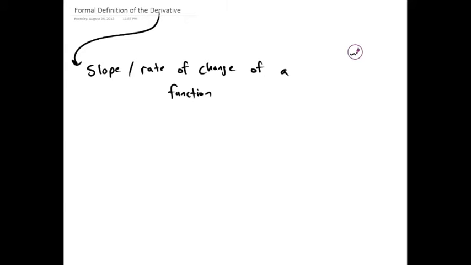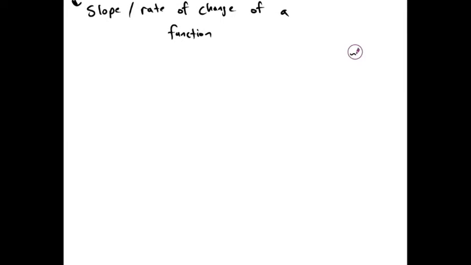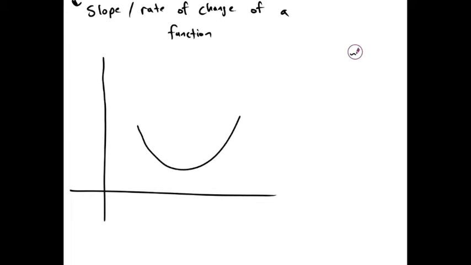We can get to a derivative by first starting with the concept of an average rate of change. Look at some graph of a function f of x. Let's say this is the point in question, we'll call it x.